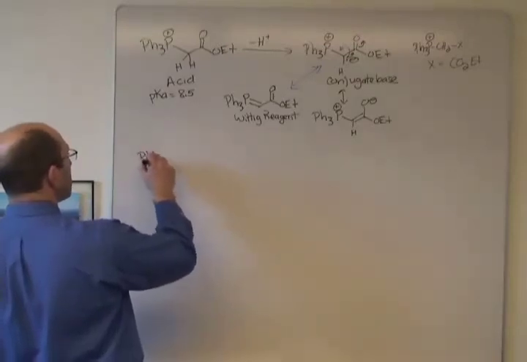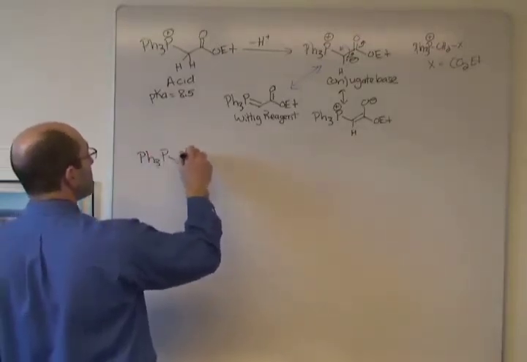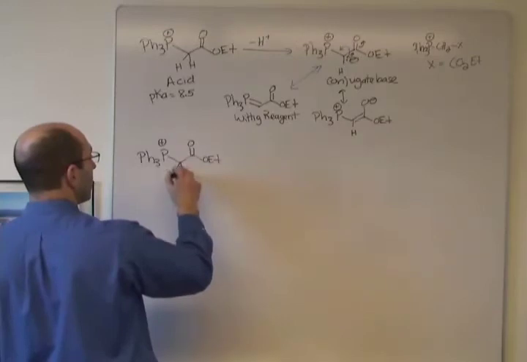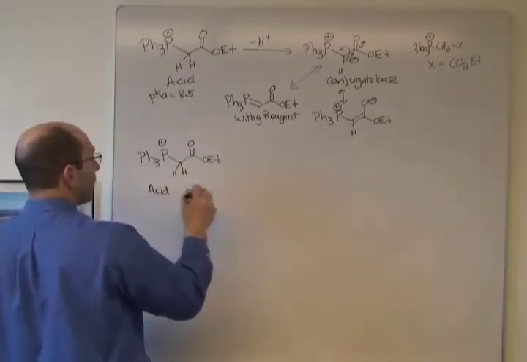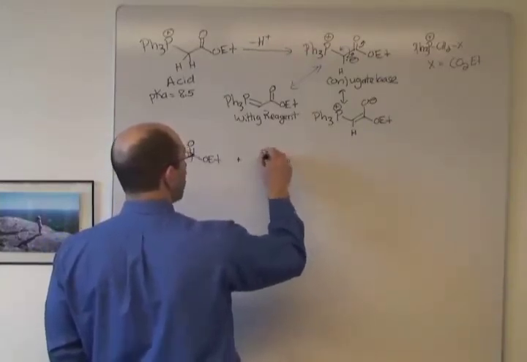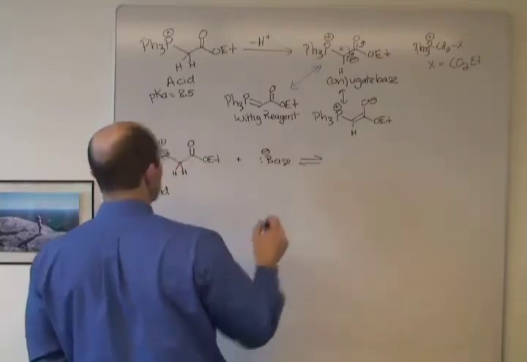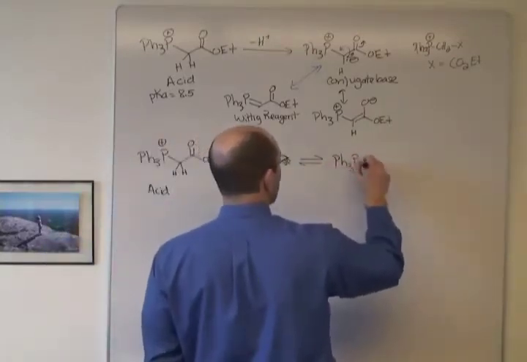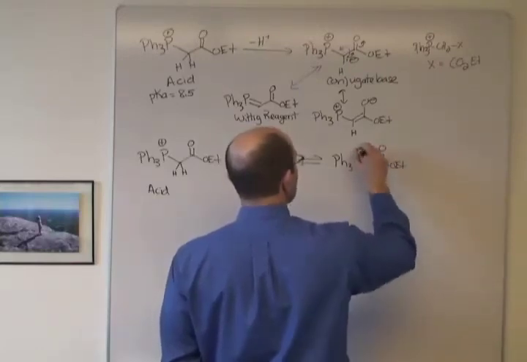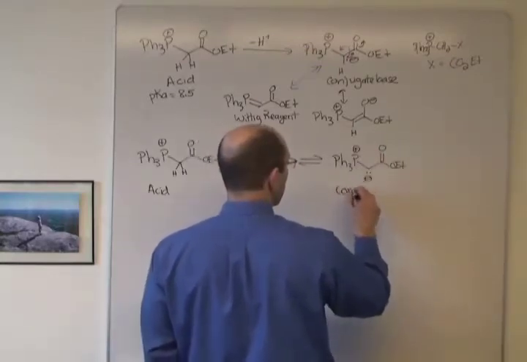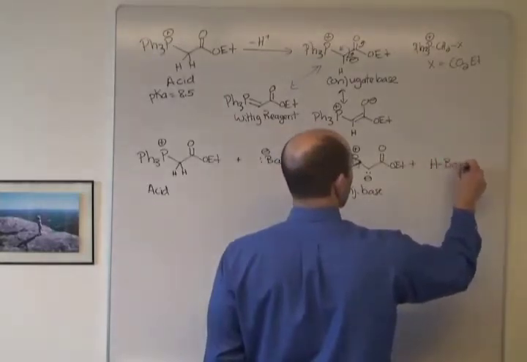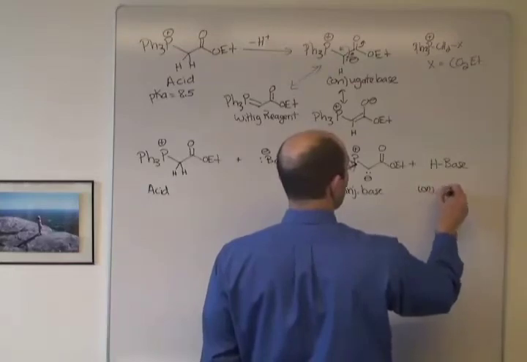I wanted you to think about, here's the reaction that we're going to run. All right? So we're going to have our acid. We want to react that with a base, and it's going to be some sort of base that is negatively charged, and there's going to be some equilibrium where we're going to form the Wittig reagent, which is going to be the conjugate base, plus a conjugate acid.